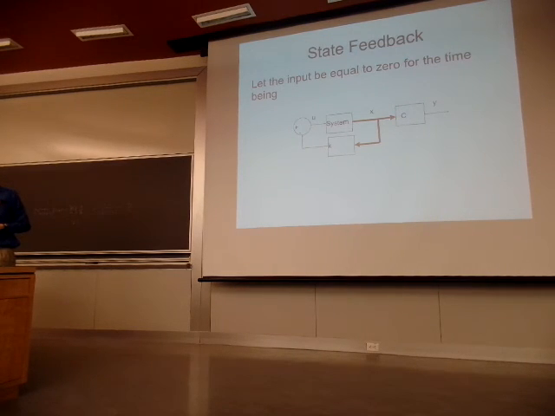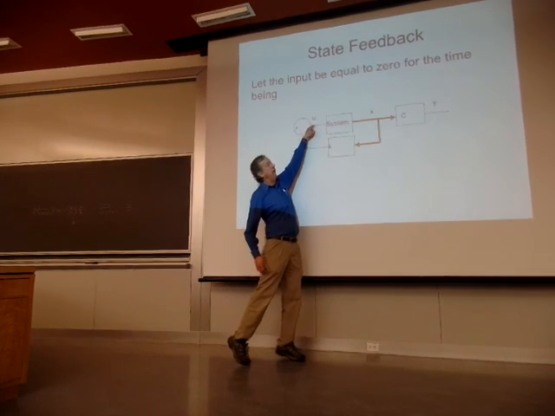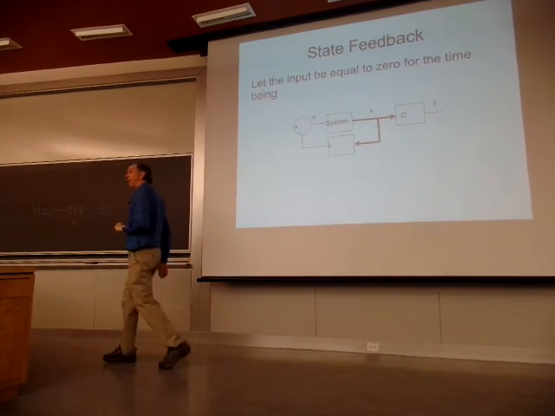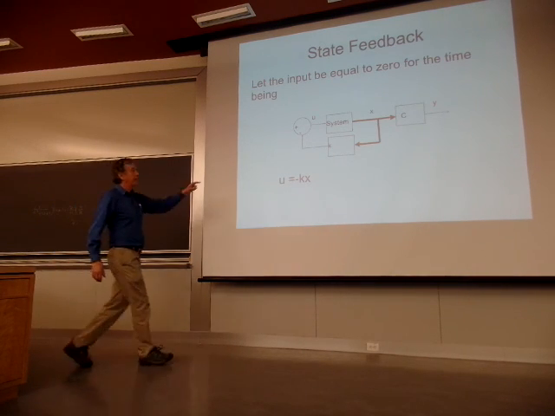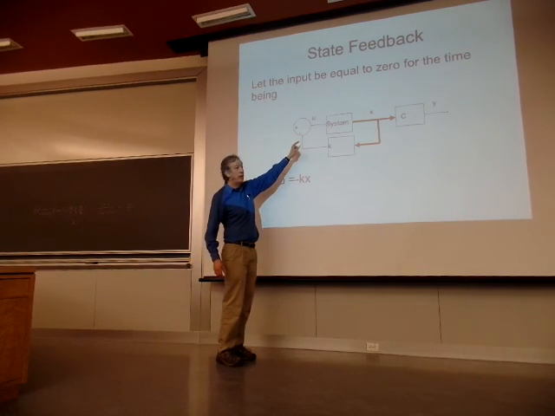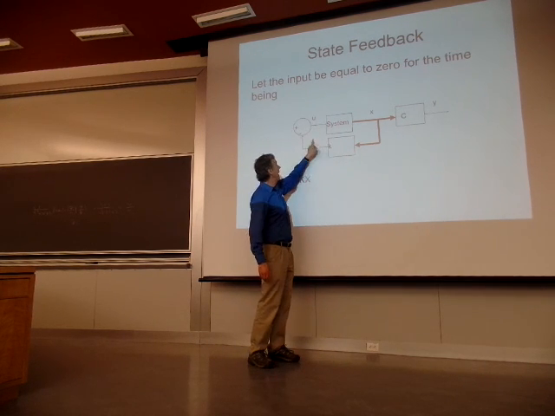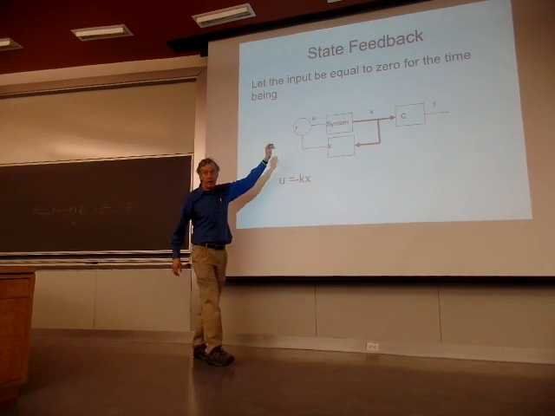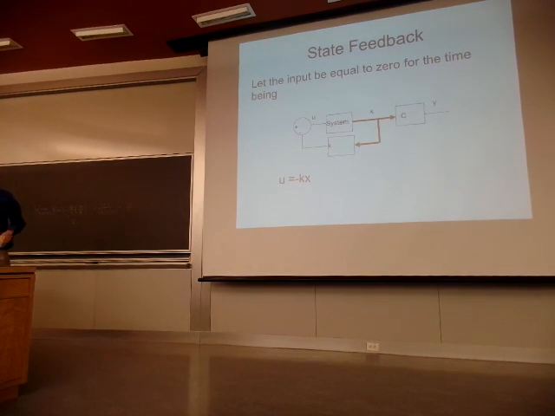So what's u, the input to the system? u equals minus k times x. So what's driving the system is the states times k, and I put a minus sign here. Not everyone puts a minus sign there. It doesn't really matter. The minus sign will show up as needed.